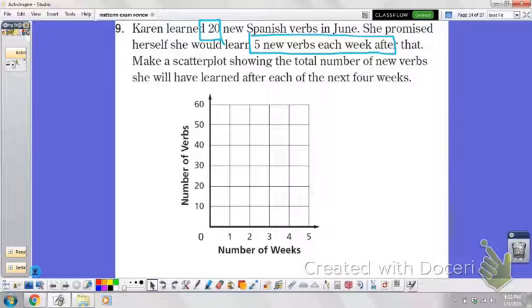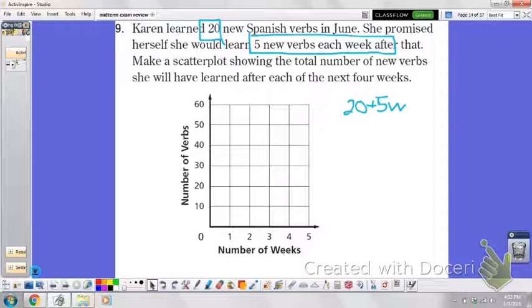So that gives us an expression of 20 plus 5 times the number of weeks.